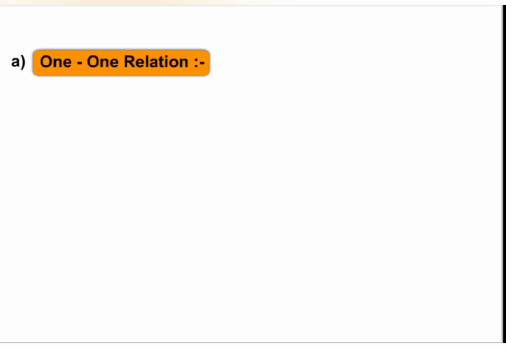Types of relations. A. One-to-one relation.